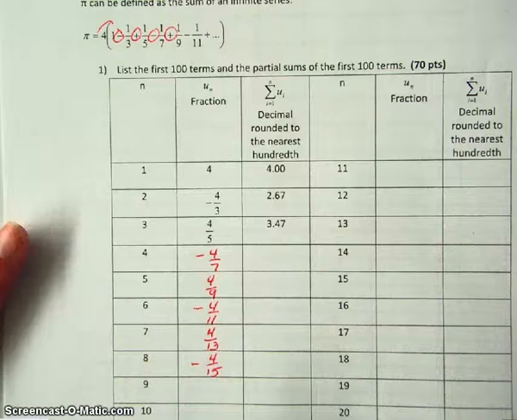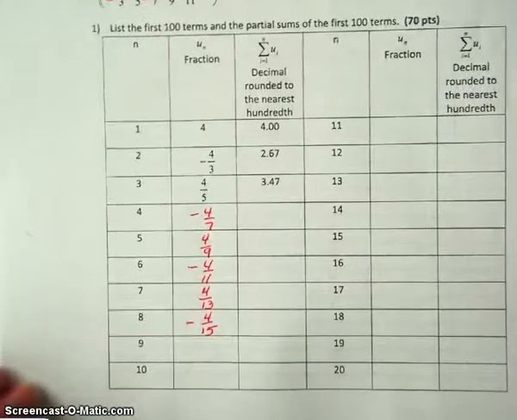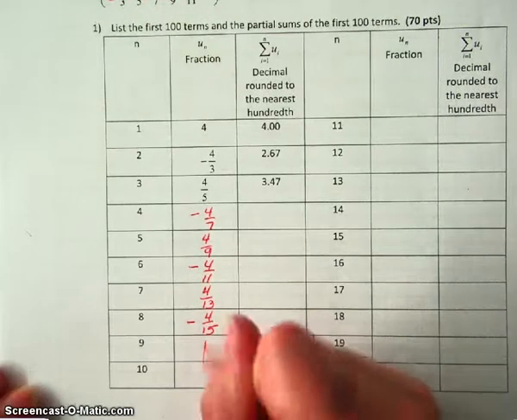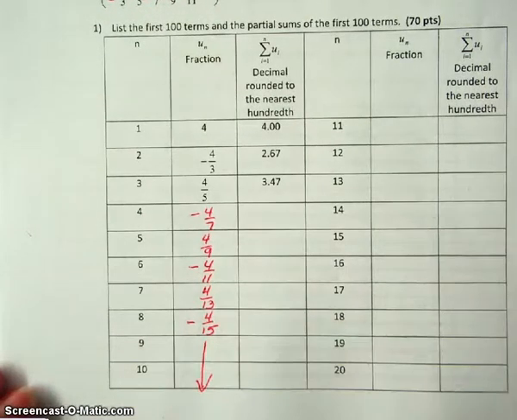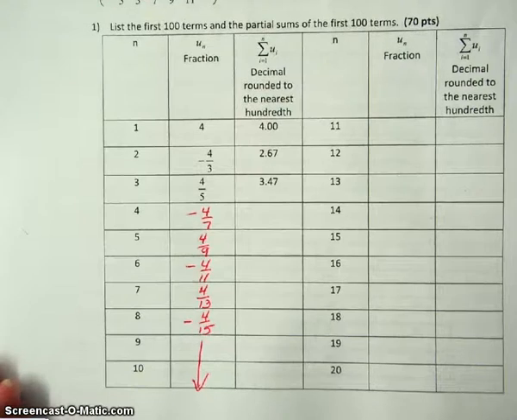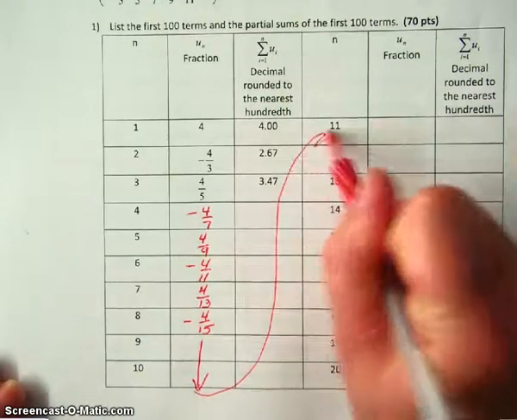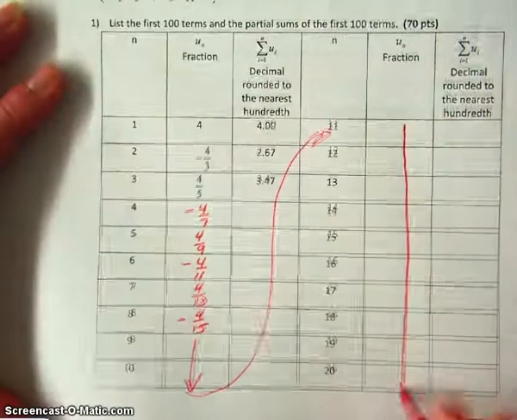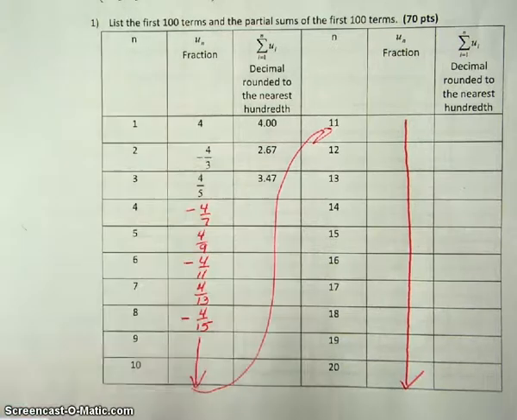So my recommendation is to do all of your u sub n column first. And I know some students have messed this up in previous years. Here's the 10th term, come up to here, that's the 11th through 20th term, okay? All right, now I'm going to get a calculator.